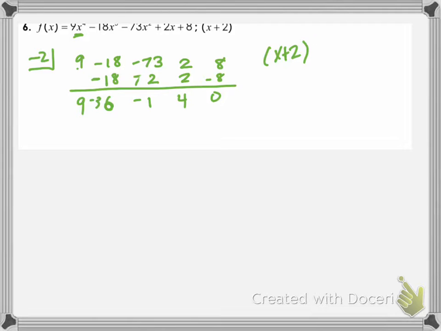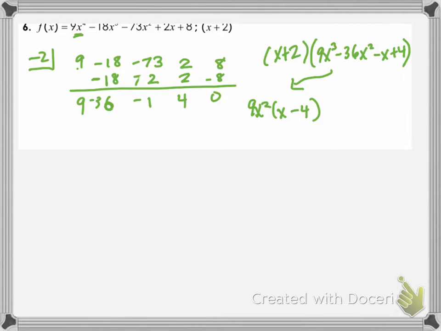And then the depressed polynomial would be 9x cubed minus 36x squared minus x plus 4. So I have to factor this, and I'm thinking factor by grouping. If I take out 9x squared, I get x minus 4.